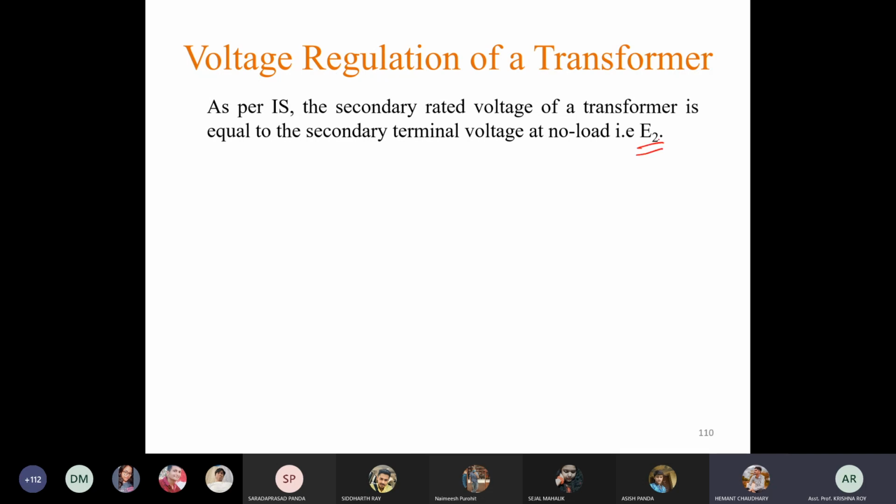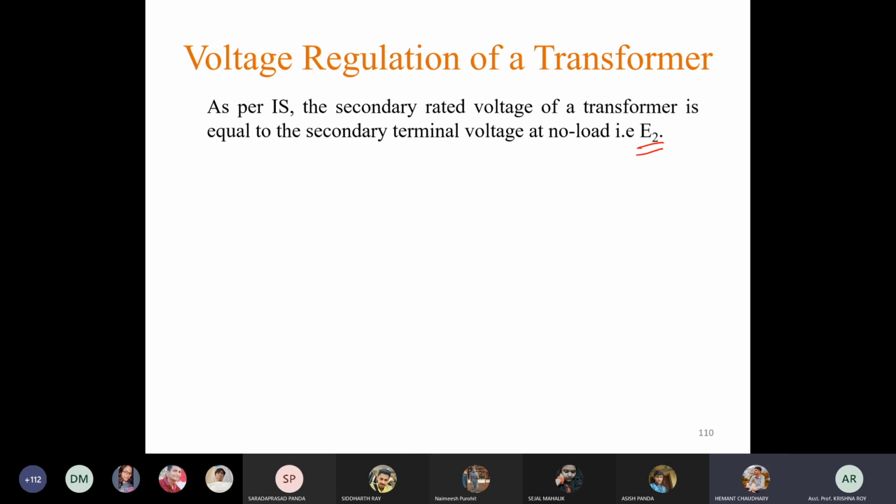That means E2 is actually the secondary rated voltage. It is the convention to state that this secondary terminal voltage at no load will be the rated voltage, that means the nameplate data.